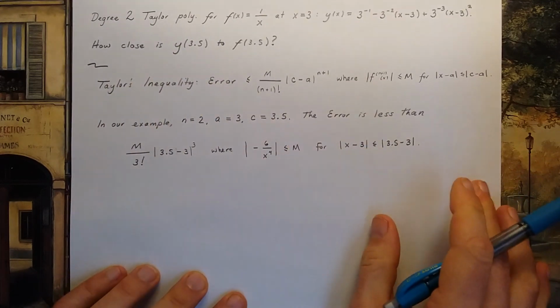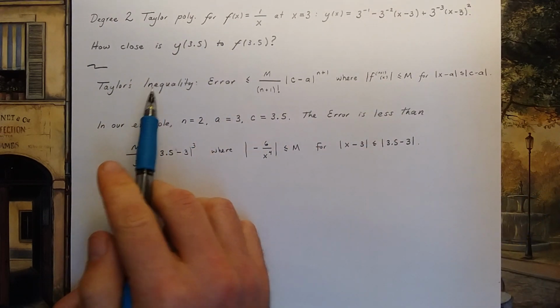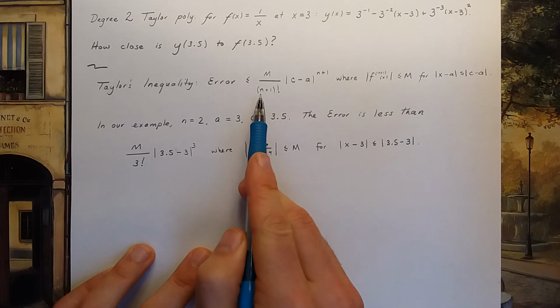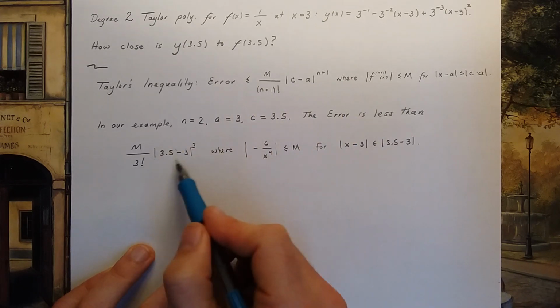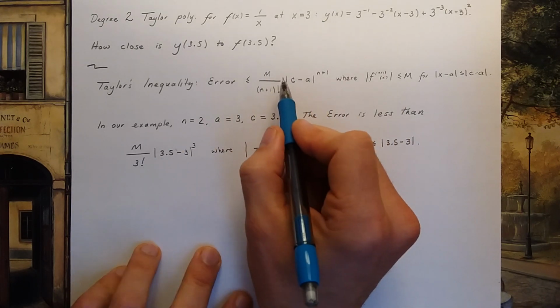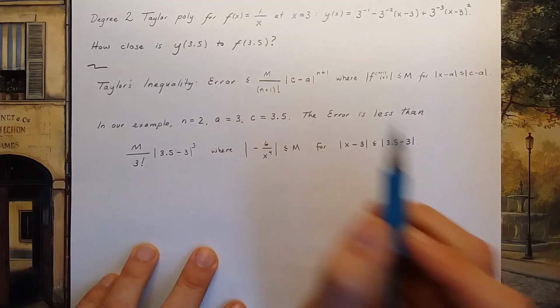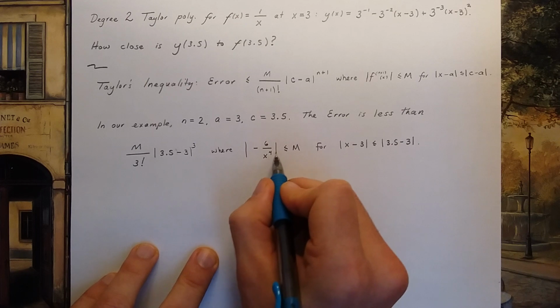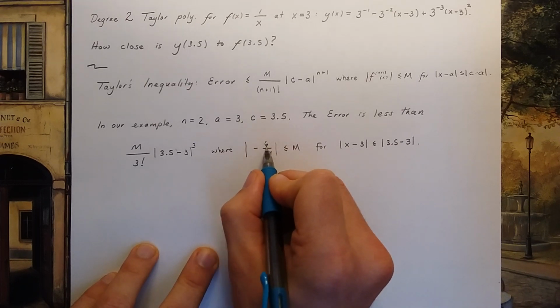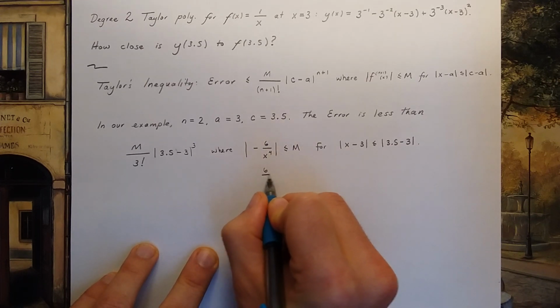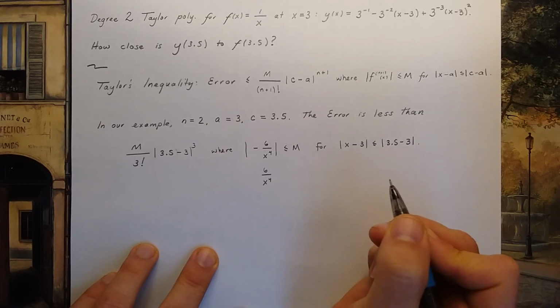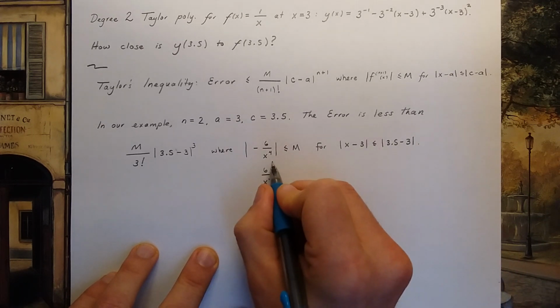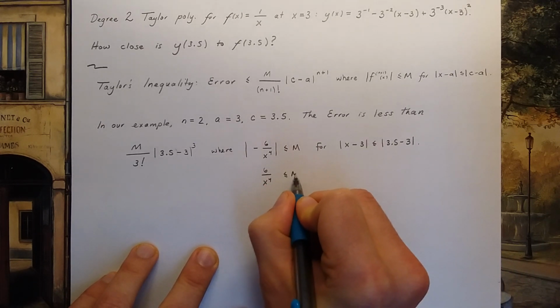So the key in applying Taylor's inequality is finding the value of M. So n, c, and a, those are knowns for the most part. The goal is to find a value of M. Well, if you look at what this condition says, if I take the absolute value, I have 6 over x to the 4th. So that's what this has to satisfy.